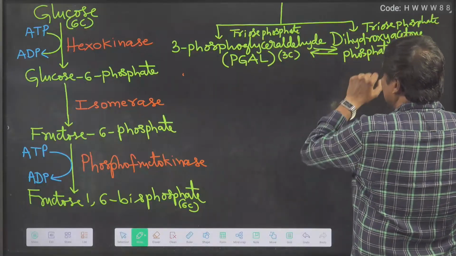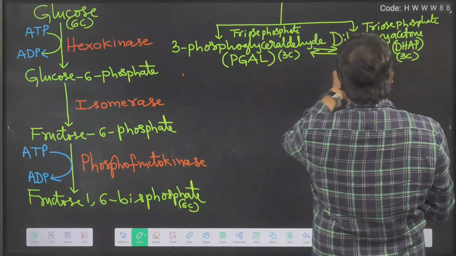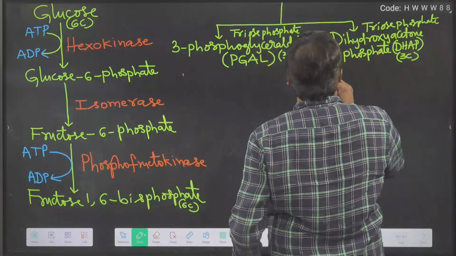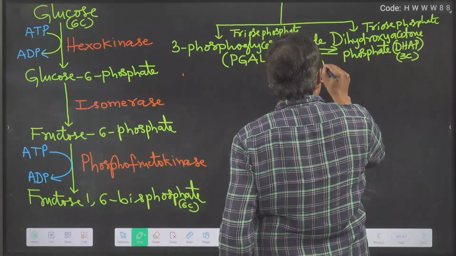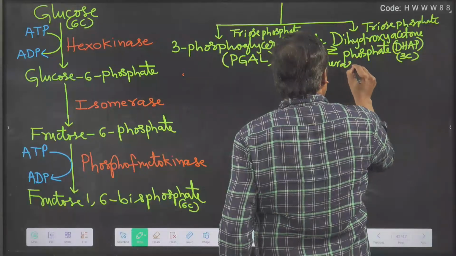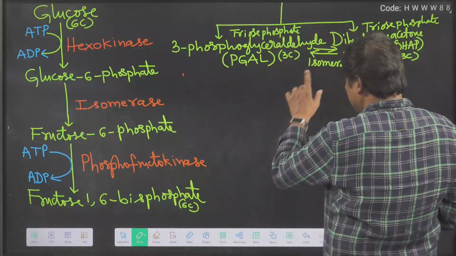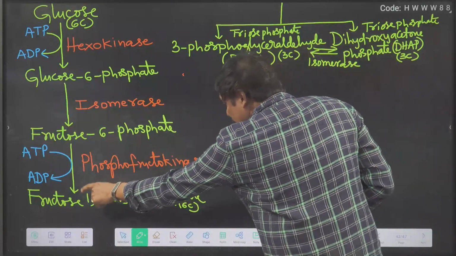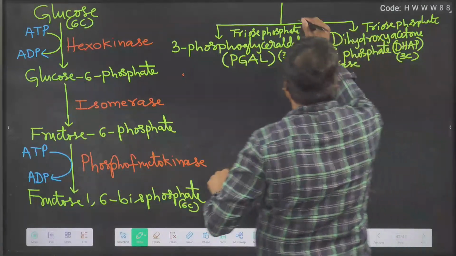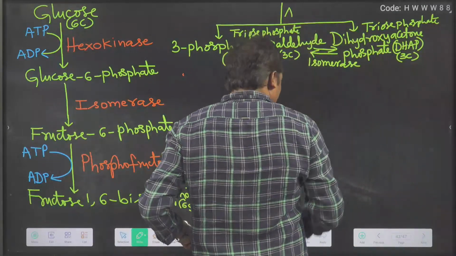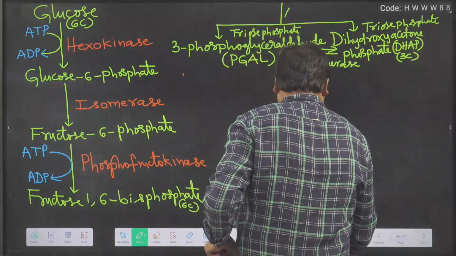These two are interconverted by triose phosphate isomerase. And you remember, the splitting of fructose 1,6-bisphosphate into two triose phosphates is catalyzed by the enzyme aldolase.